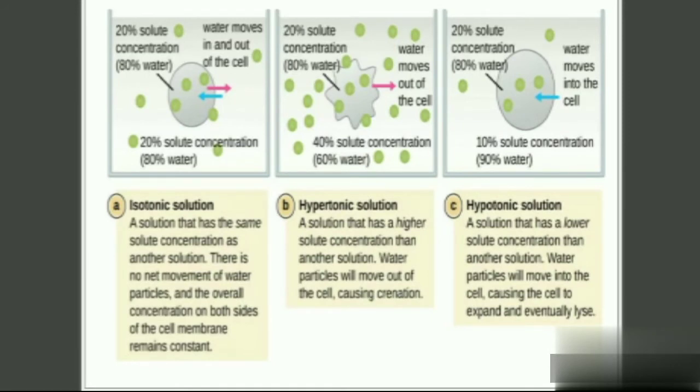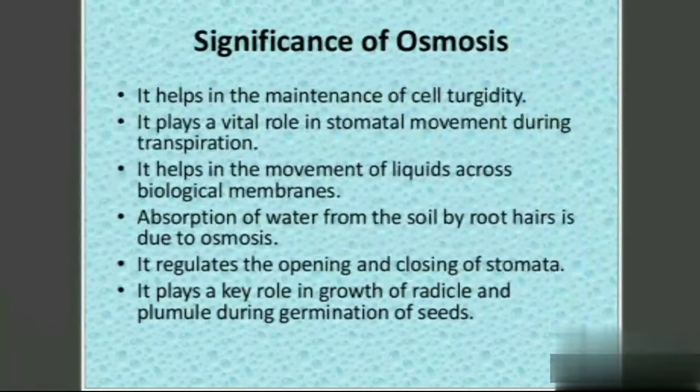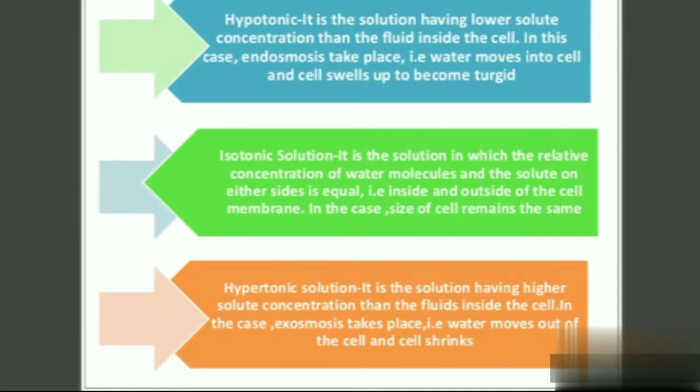Whereas hypotonic means the cell has a lower concentration of water compared to the outer region. So from the medium, water will go inside the cell, which will lead to swelling of the cell. This condition is called a hypotonic solution. Okay students, these are the three types of solution based on tonicity, the definitions of hypotonic, isotonic and hypertonic.